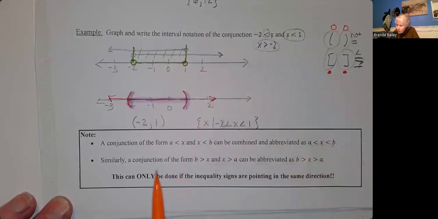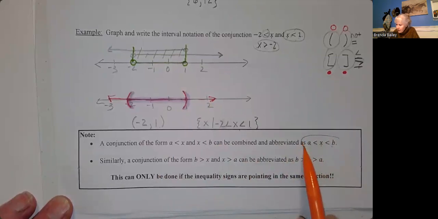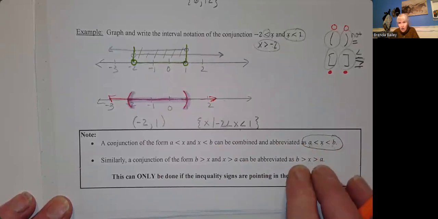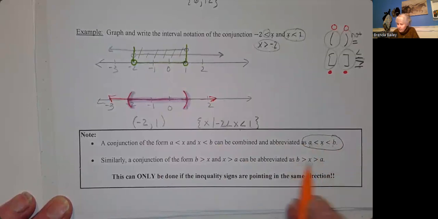Now, you could also write it with greater than symbols, but to tell you the truth, this is the main one that we'll be using in this class. Where we use it with less than symbols, this will be the smallest number, A, and this will be the largest number, B. It's not that these are wrong, it's just that this is the way you'll probably see it.